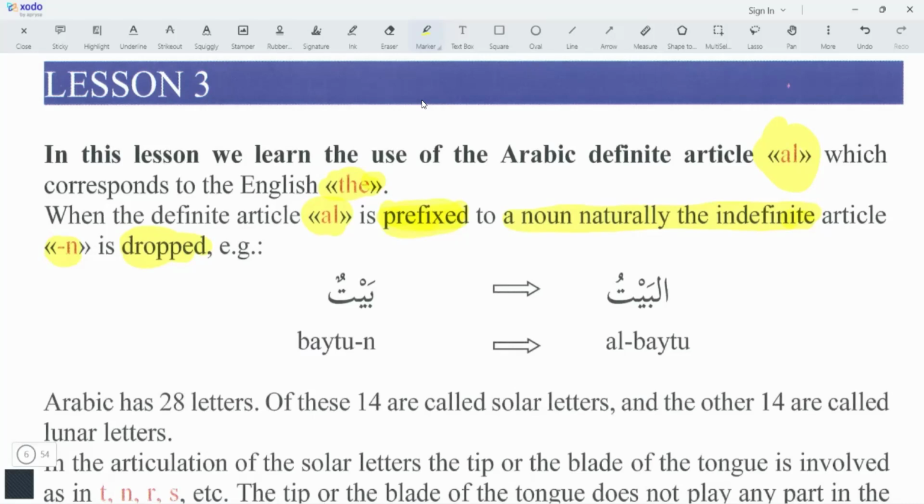Like baitun, baitun is ism nakira. So when we use alif and lam, it will change into al-baytu, and its tanween will drop.